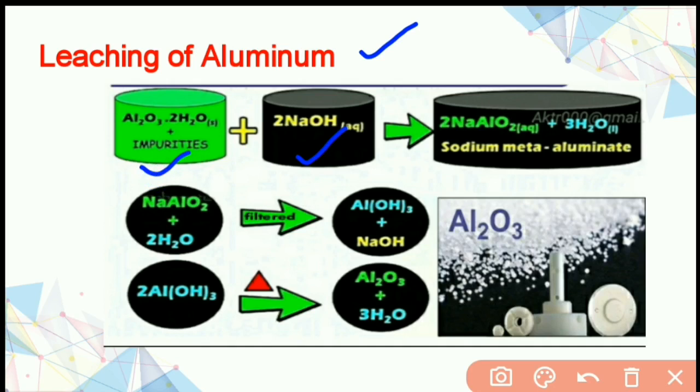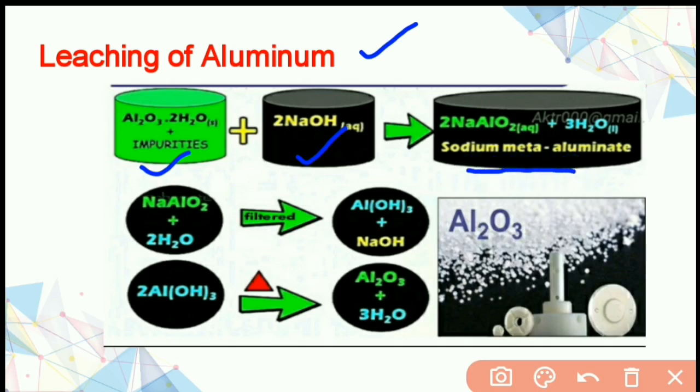So when the alumina reacts with sodium hydroxide, the leaching chemical in which aluminum is dissolved, impurities are not dissolved in the leaching chemical, and it forms sodium meta-aluminate.